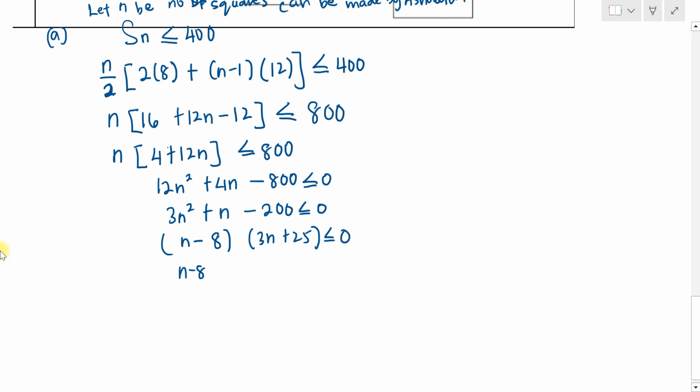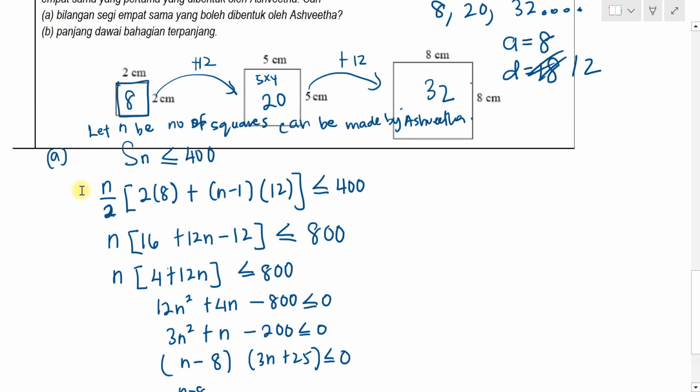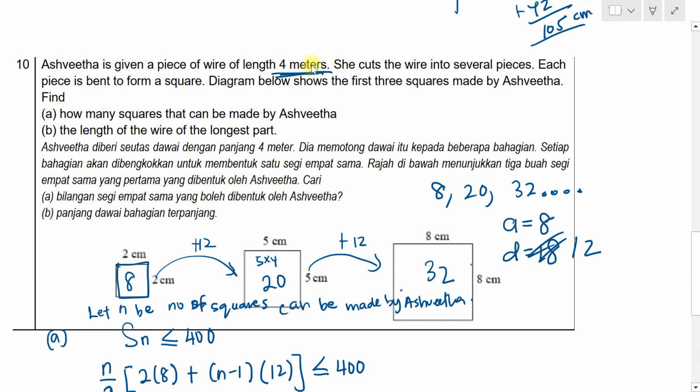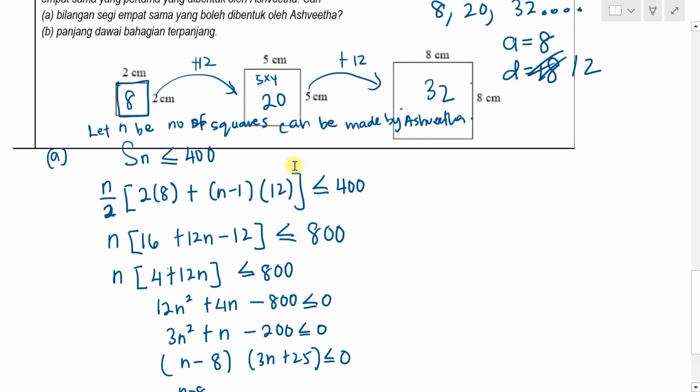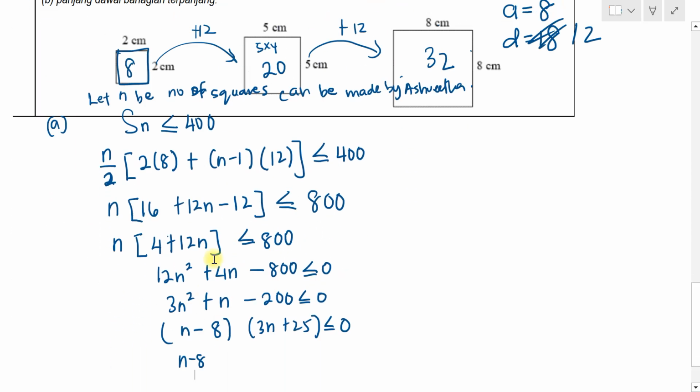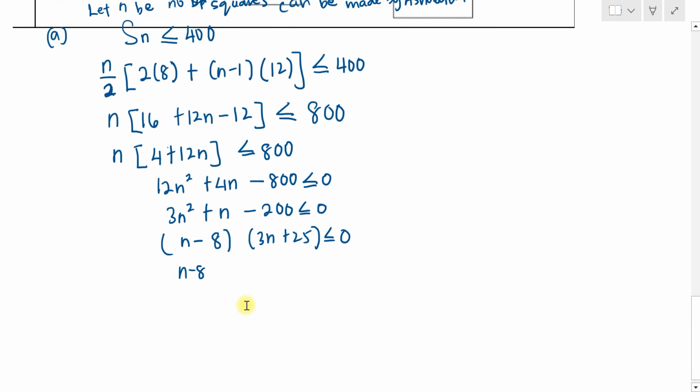Actually, this is an inequality, right? We don't know whether the 400 centimeter can be perfectly used or not. So that's why I use inequality. Out here we get exactly n equal to 8. If not, you want to solve in this way also can. This is your negative 25 over 3.